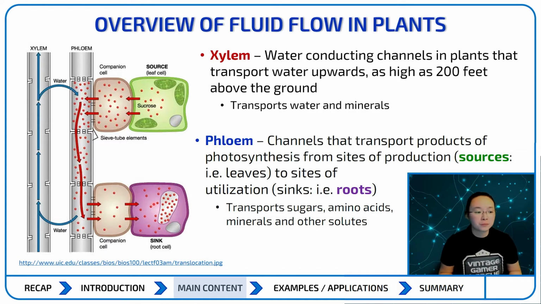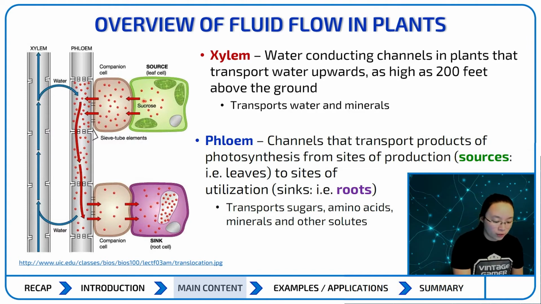For example, your root cells are going to require nutrients to function properly. So you're going to get sucrose from photosynthesis in your leaf, which is a source. And then the phloem transport is going to bring that sucrose down to your root cells so that they can carry out their functions and have enough energy to do so.